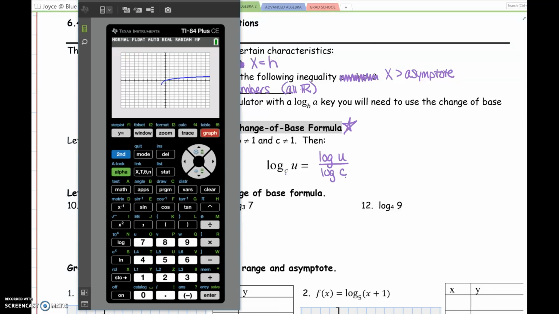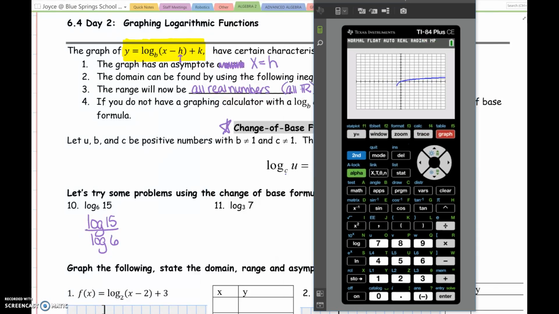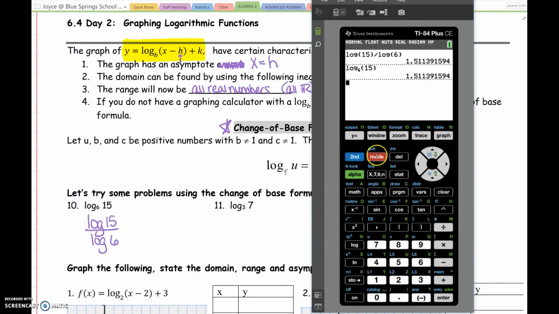So let me pull up my calculator. And let's do log button 15, close your parentheses, divided by log button 6, close your parentheses. You should get 1.511. Now, if your calculator does have the log base feature, I want to show you that this is the same.